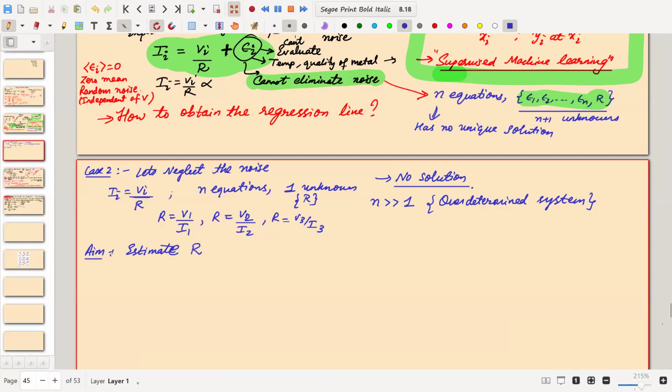This technique is known as parameter estimation. And one such best technique you can know is the least square method.